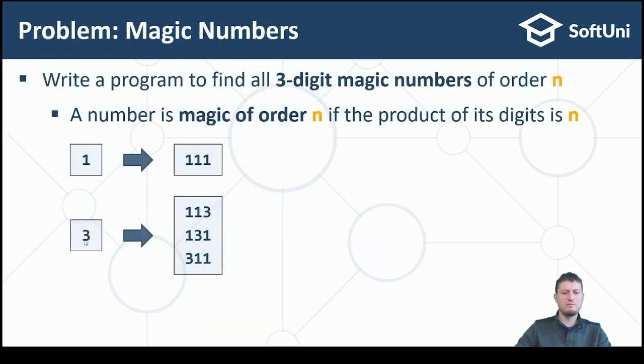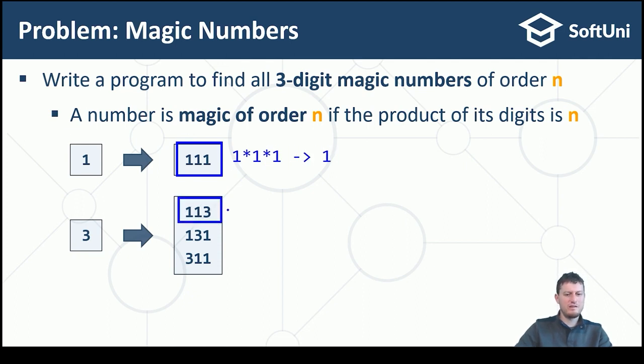And how we can interpret it, this consists of 3 digits: first digit, second digit, third digit, and the product of its digits is n. So this is equal to 1 multiplied by 1 by 1, which is 1.